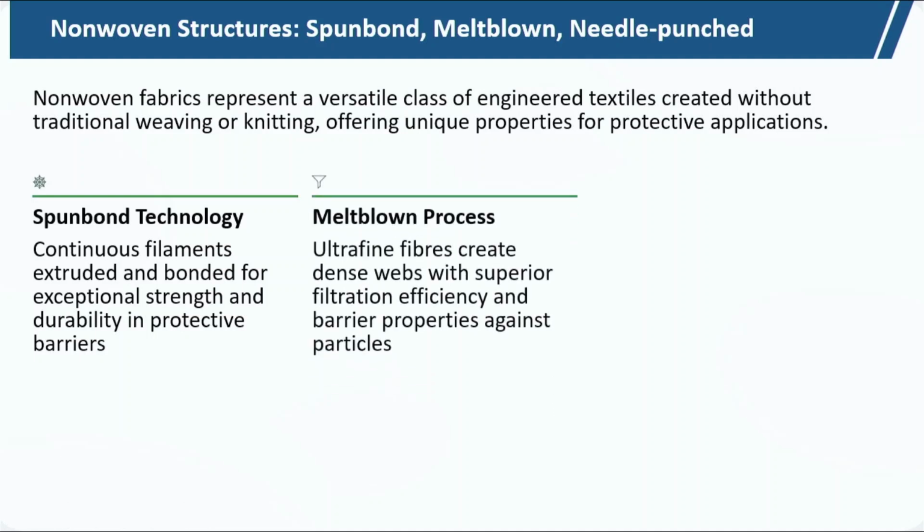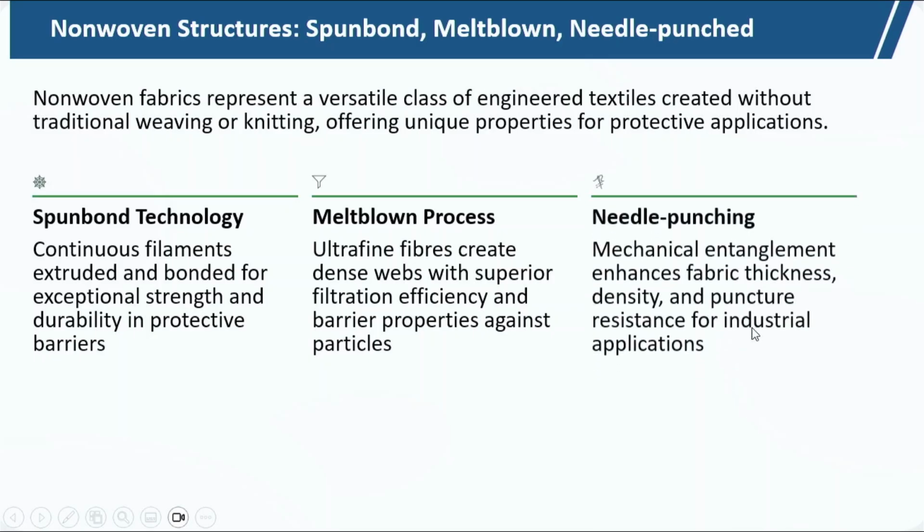In the melt blown process, ultra fine fibers are created, forming a dense web with superior filtration efficiency and barrier properties, like for protecting ourselves from air and water pollution.